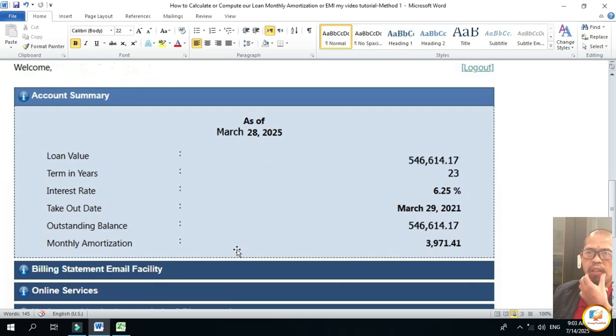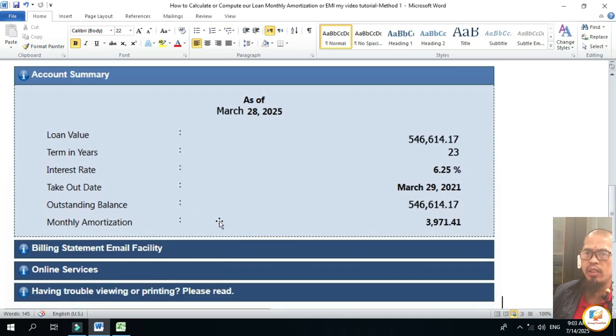This is my account summary as I log in to the virtual Pag-ibig. As of March 28, 2025, the loan value, which is my outstanding balance, is 546,610.17, the term is 23 years, and the interest rate is 6.25%.